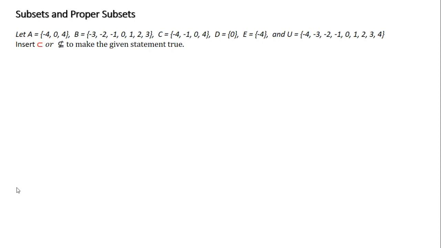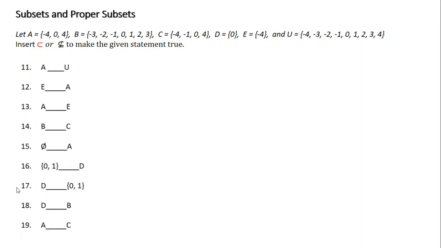It's all of the elements in our universe, from -4 to +4. Okay, so the assignment says insert a proper subset or not a subset to make the given statements true. So let's look at number 11 here.